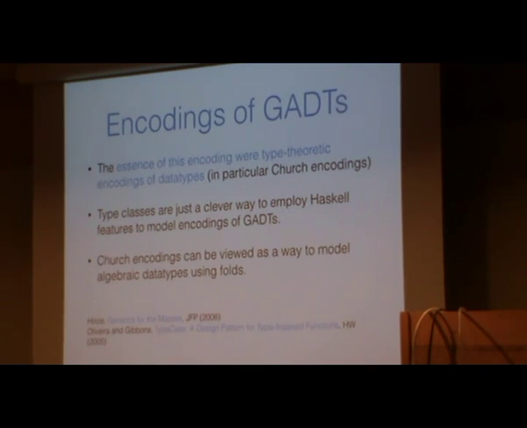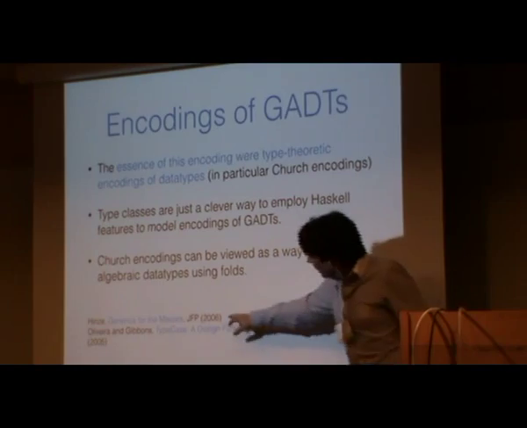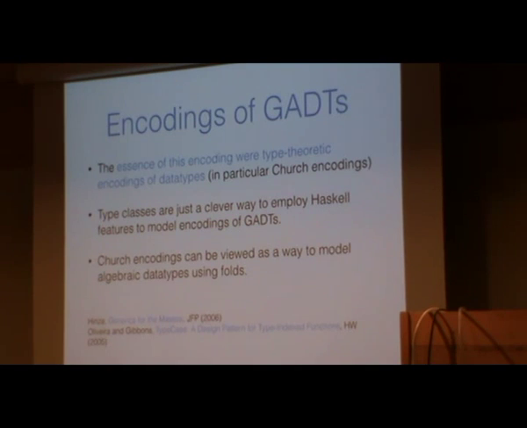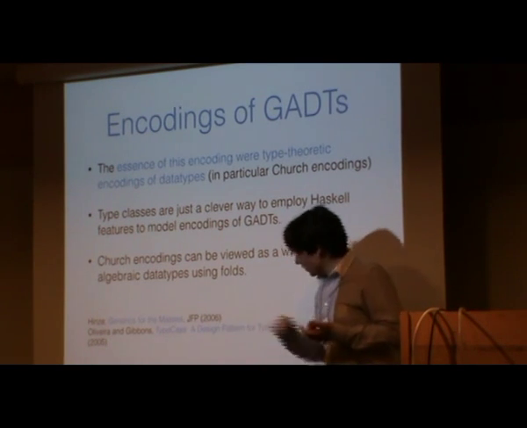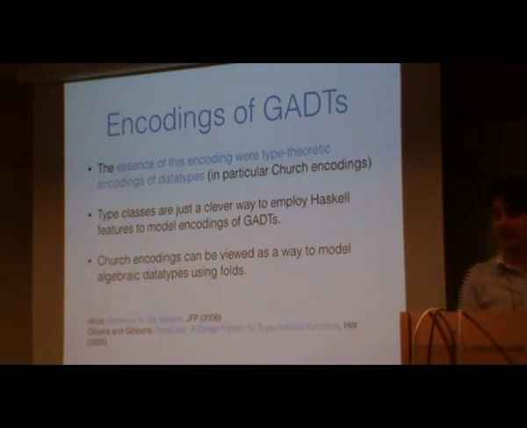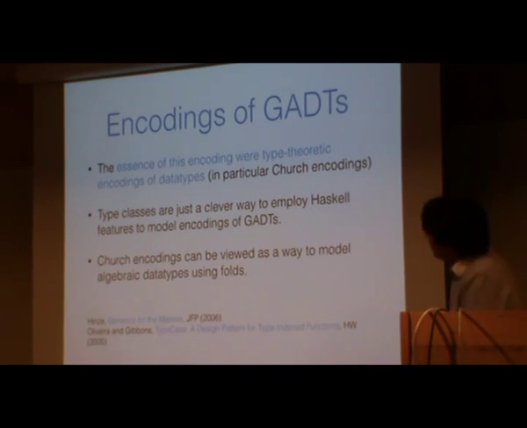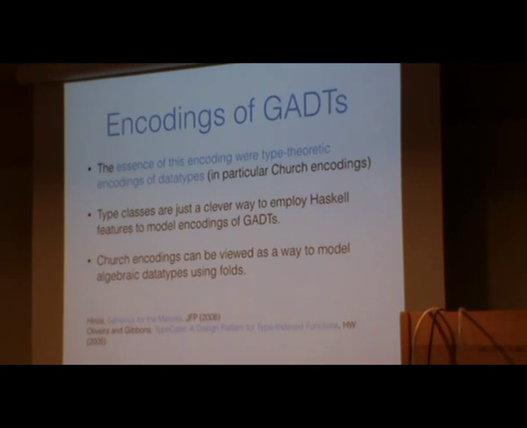So, as Ralf Hinze actually explained later on, he first published a paper in 2004 where he provided this generics for the masses library, but then later on he published a journal version of that paper, and as he explained there, the essence of this encoding was type theoretic encodings of data types, and in particular Church encodings.